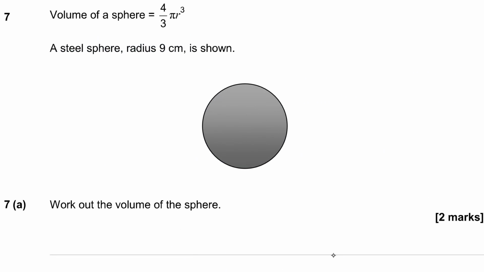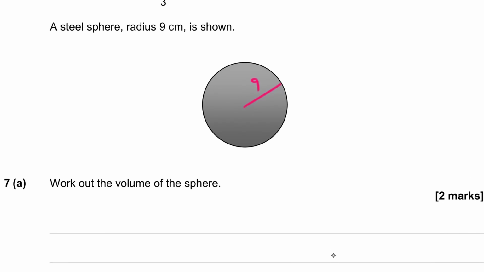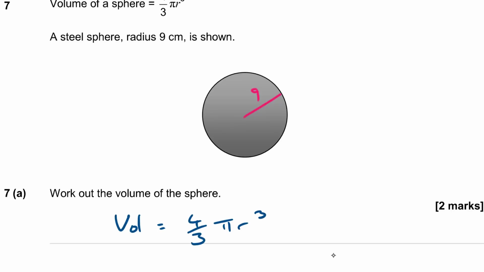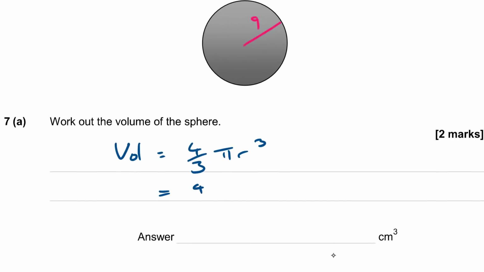Question 7 has helpfully given us the formula for the volume of a sphere, which is 4/3 pi r cubed. And we're told that a steel sphere has a radius of 9 centimeters. So from here to here is 9. Work out the volume of the sphere. So this is just really subbing into that formula. So volume is equal to 4/3 pi r cubed, which is 4/3 of pi times 9 cubed.